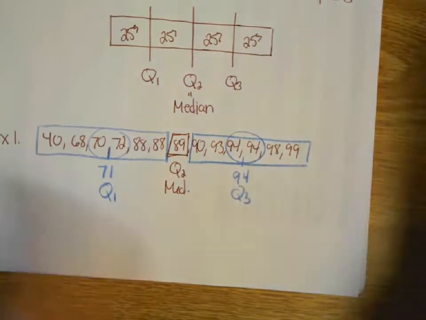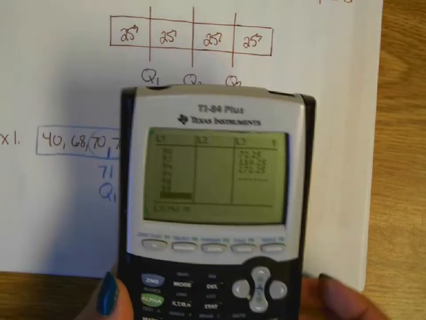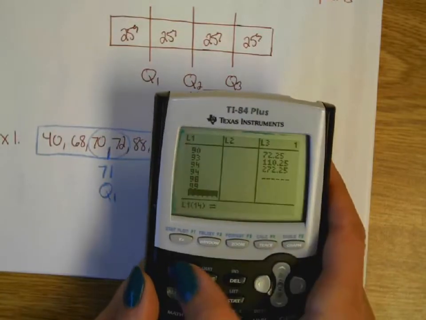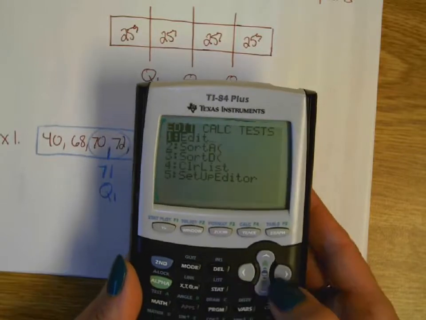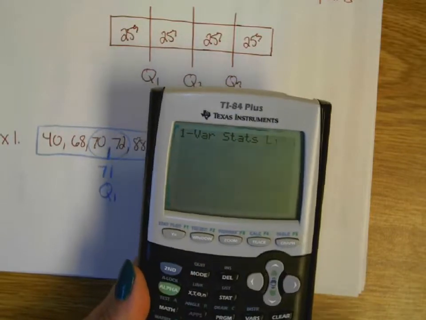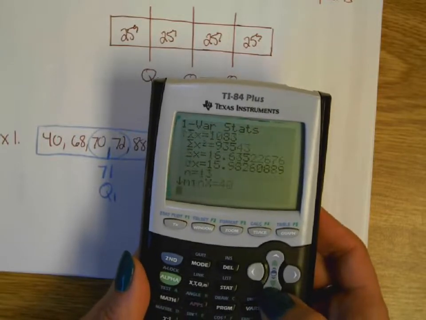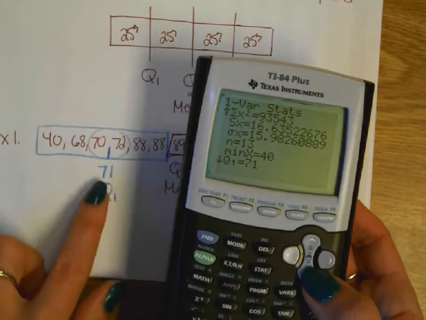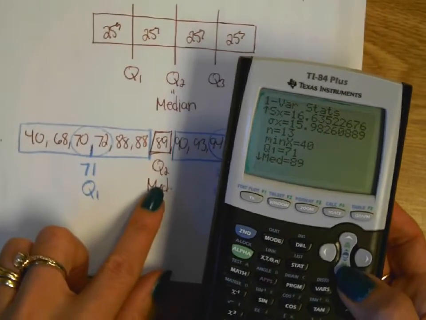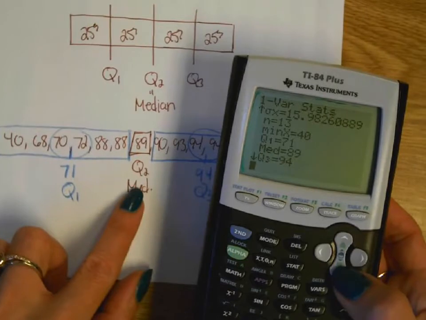Okay, could we have gotten those off of the calculator? Absolutely. I have them in list 1. I showed you this yesterday. If you stat, calc, 1-Var Stats, L1, remember the quartiles are there. If you arrow down, quartile 1, 71, just what we had. Median is quartile 2, so we've got to know that, 89.